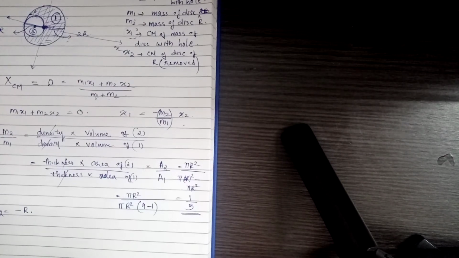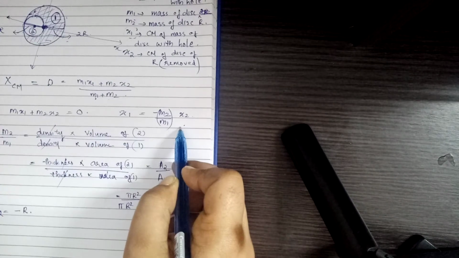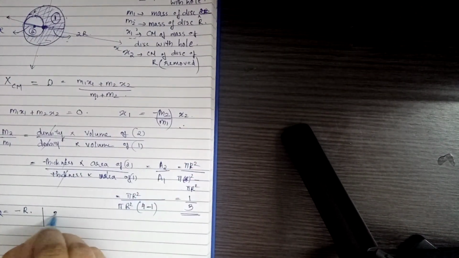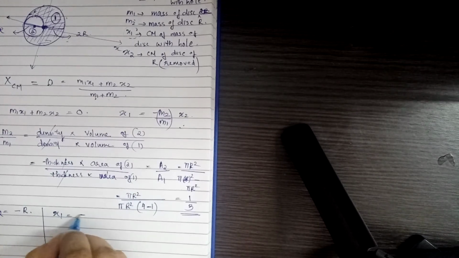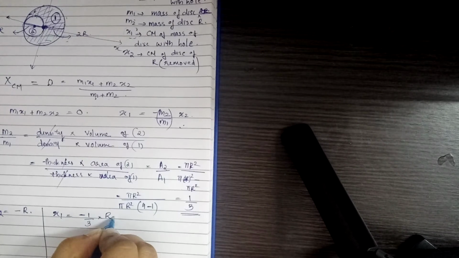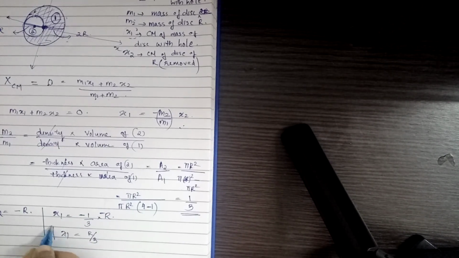Now I can directly substitute all these values into x1 and find the value. So I will get x1 is equal to minus 1 by 3 into minus r, so I'll get x1 as r by 3.